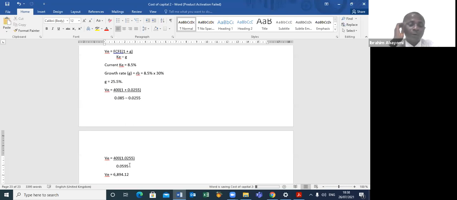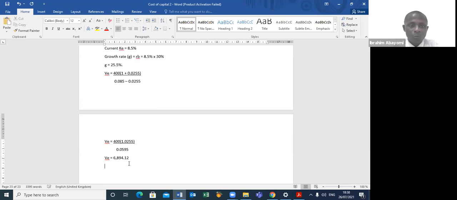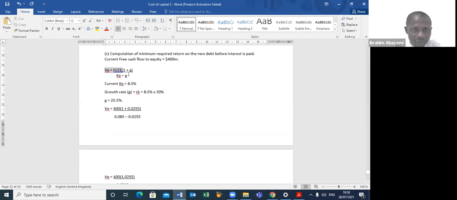This is the market value of equity presently, when our debt was 800 million. Okay, at a point where our debt is 800 million, this was our market value of equity. Now, when our debt is now 800 million, what should be the free cash flow to equity? So what will I do? I will bring down that formula.